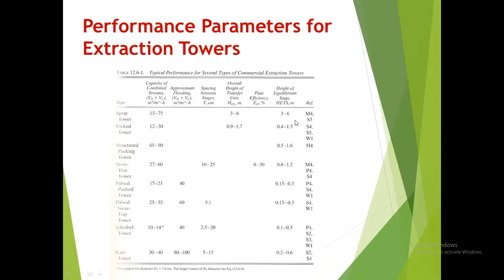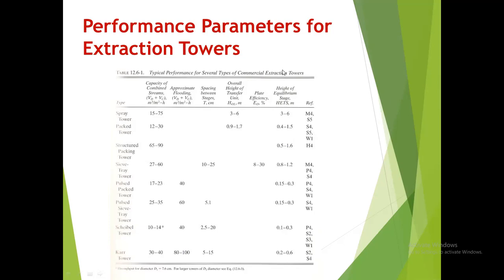It should be the average of the values in the range. For example, for a packed tower, your average HETS will be 0.4 plus 1.5 divided by 2. That's 1.9 divided by 2. That would be the HETS for a packed tower.